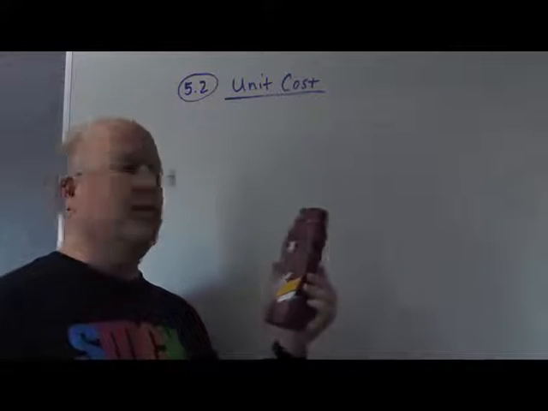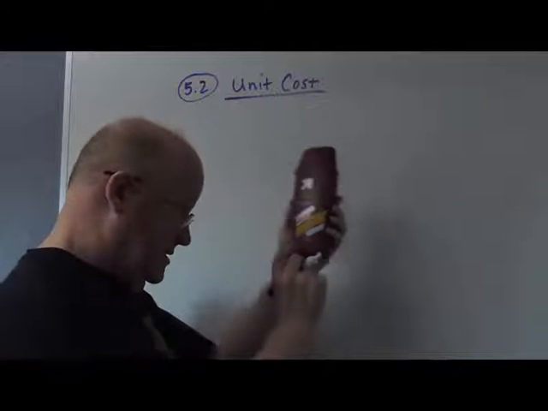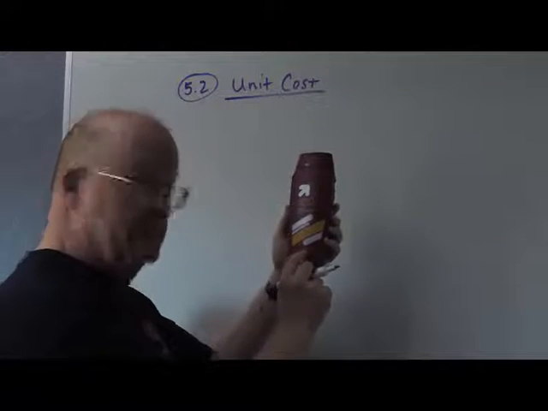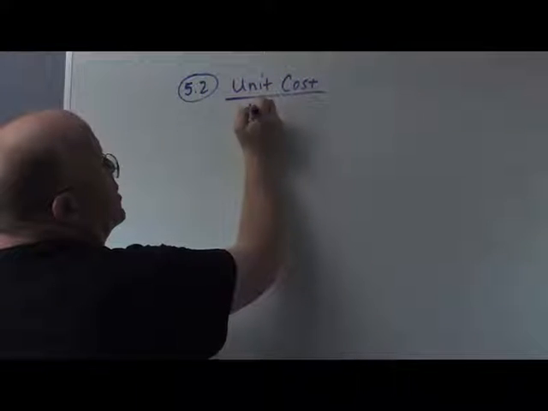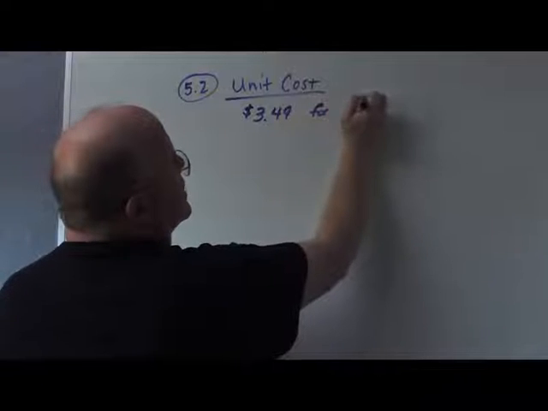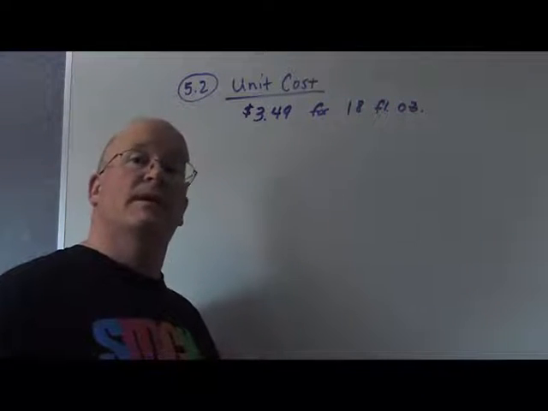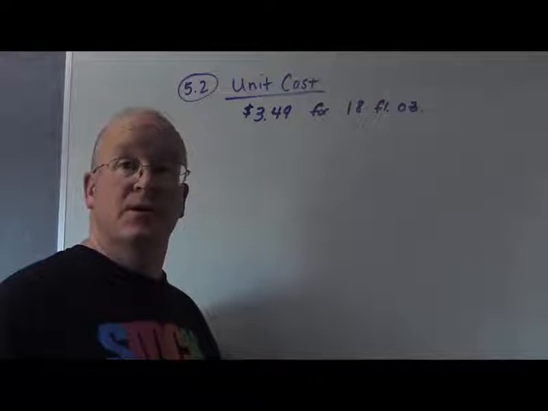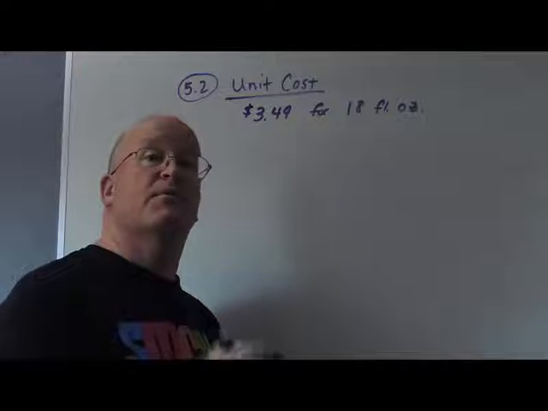I have here a bottle of Target Sport Body Wash, and it says on it that it holds 18 fluid ounces, and I bought this for $3.49. So this is going to be for 18 fluid ounces. If we are being asked to find the unit cost, we want to know what the cost is per ounce.